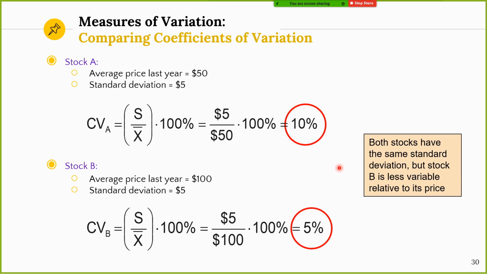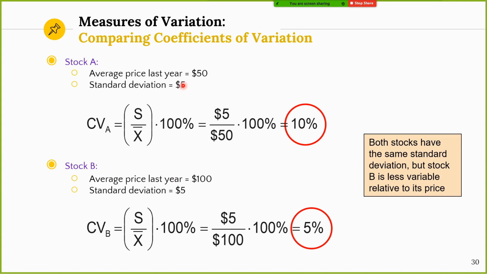So you can see what the data tells us. Both stocks have the same standard deviation, but stock B is less variable relative to stock A. Stock B only moved around 5% compared to its price. However, stock A is moving around 10%. It's quite high, even though they have the same standard deviation. But how they move is different.